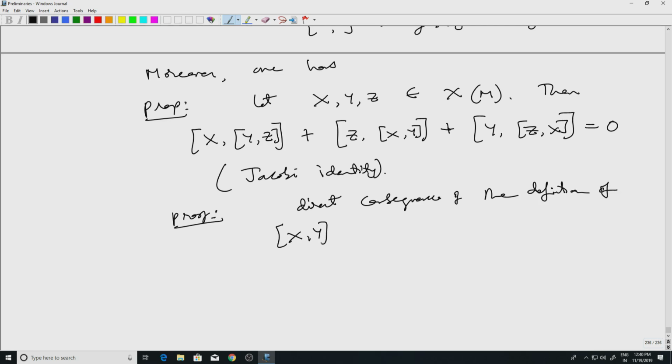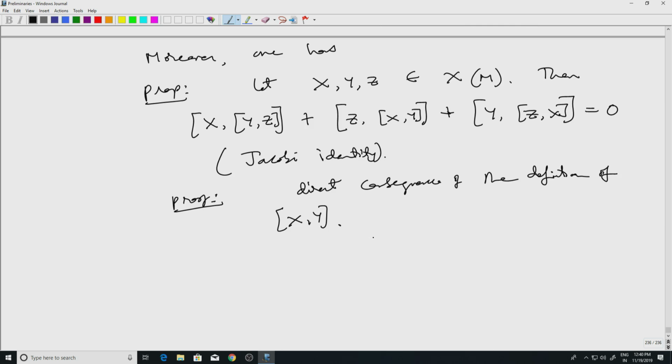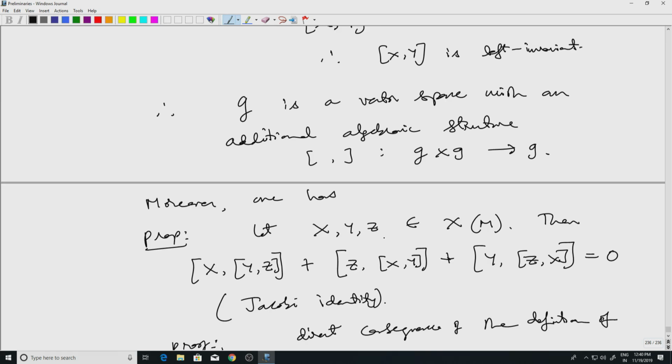One can act the whole left hand side on some smooth function f, then simplify the expressions. But the point is that returning back to the case of left invariant vector fields, the space of left invariant vector fields on a Lie group is a vector space with a bracket operation which is bilinear, antisymmetric and satisfies the Jacobi identity.